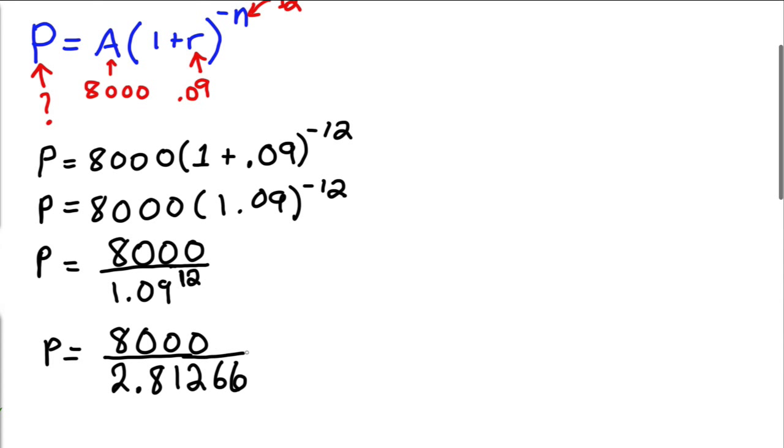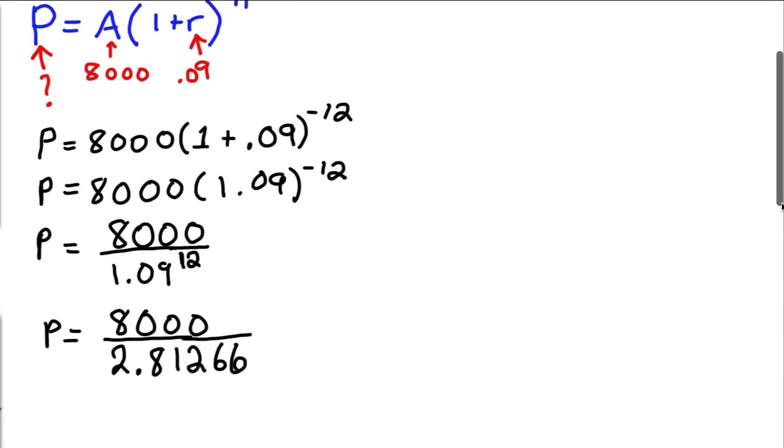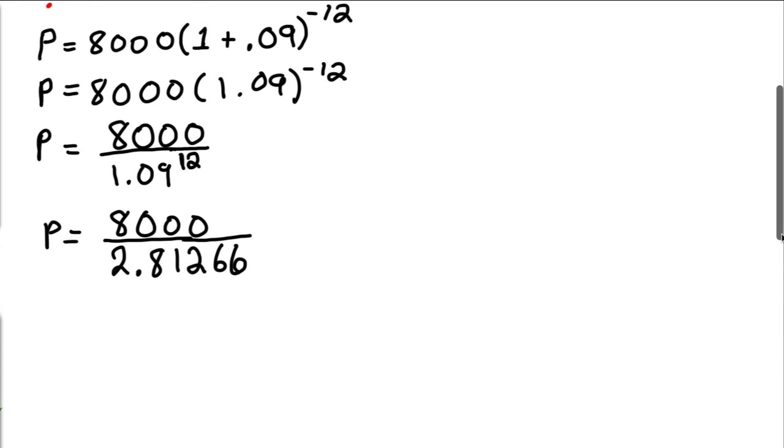Make sure you have at least 4, if not 5 decimal places when you do this. Don't round this too much because that'll cause some mistakes. You want to keep as many decimal places as you can. I'm going to cut it off at 6, but you probably want to leave at least 5, if not more.